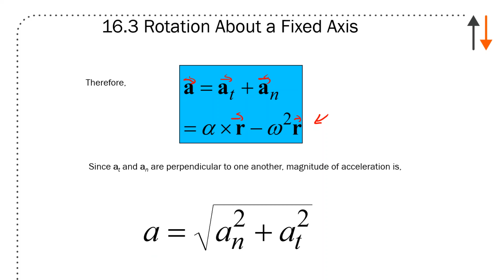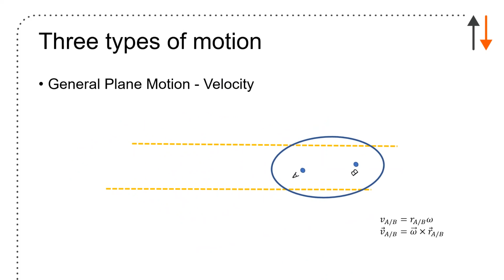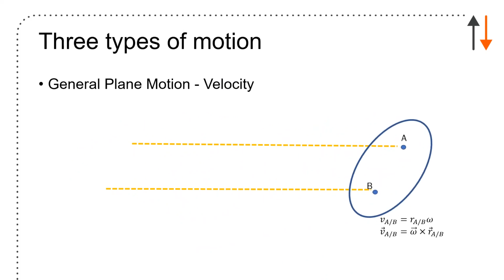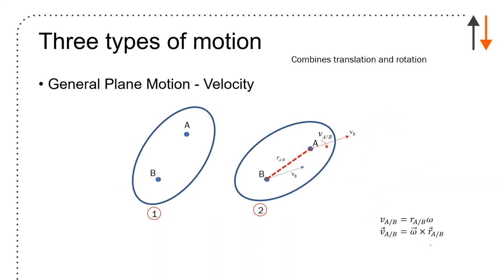Since a_t and a_n are perpendicular, the magnitude of acceleration is just the square root of the sum of squares. General plane motion combines velocity: the velocity of A with respect to B is r_A/B omega, or as a vector term, omega cross r_A/B.